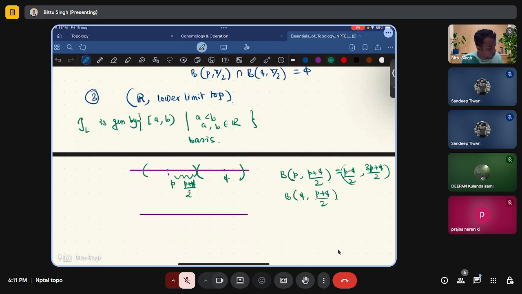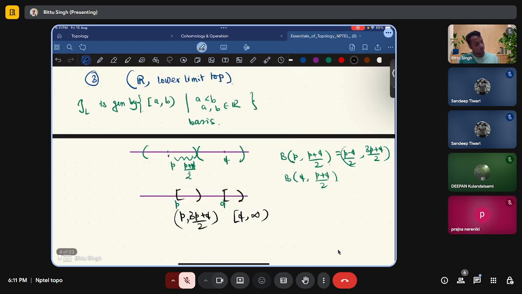For the same P and Q, you can choose this open set and this open set, that is P comma something, the previous one, and Q comma anything, Q comma infinity, this works, or Q comma 2Q.